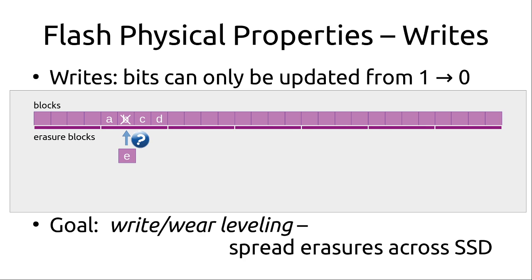I want to overwrite what is in that second block of the erasure unit, but I can't because that would require reprogramming some of the bits from 0 to 1, right? So how do we do this, right? We need to actually erase the entire block.